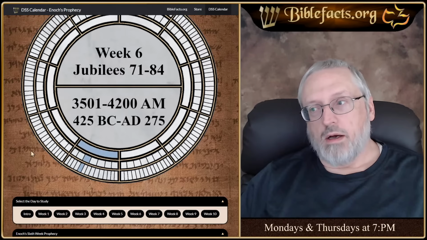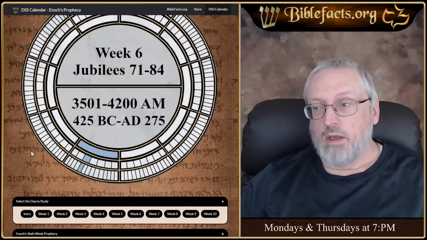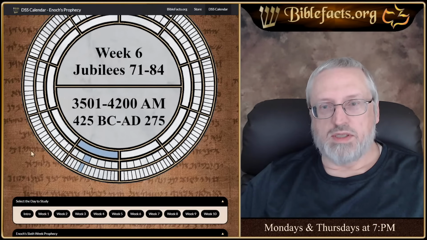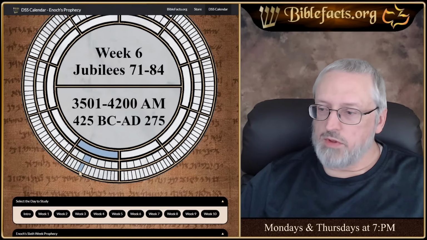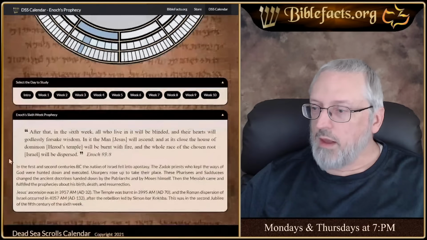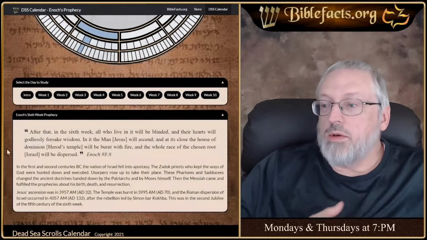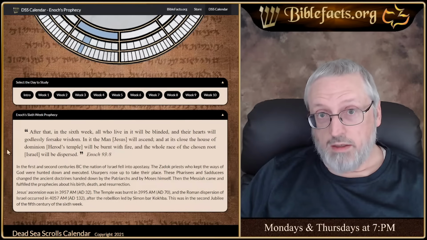Now, the regular Zadok calendar will break it up in 500-year periods called onas. It'll be much easier to manage and see. But in this time period, there's a prophecy of something that happens right here, this Jubilee of that century of this week. And the prophecy says, "After that, during the 6th week, all who live in it will be blinded.